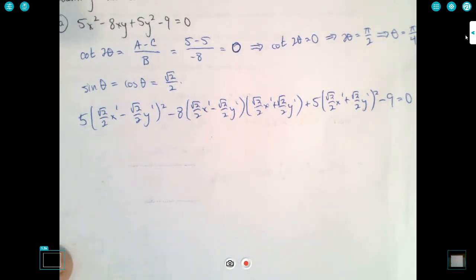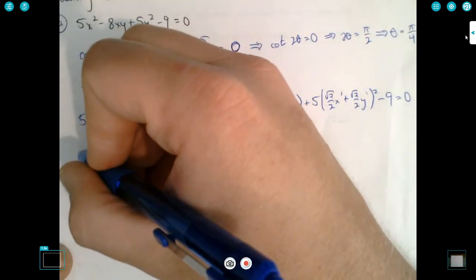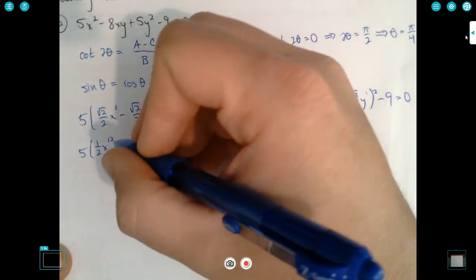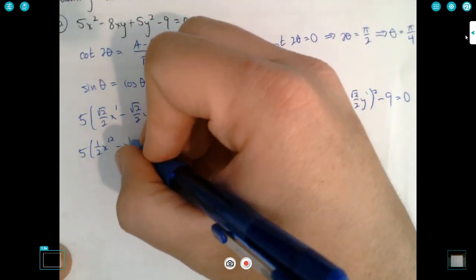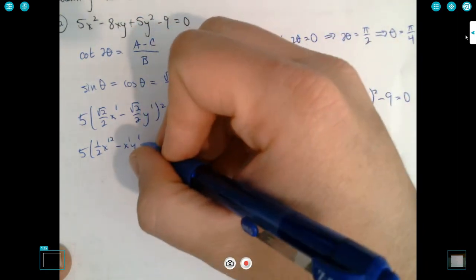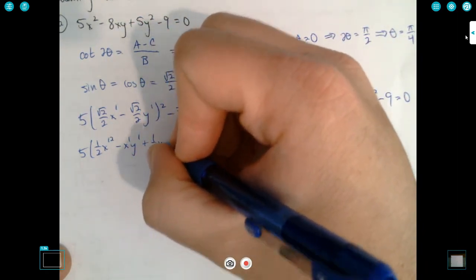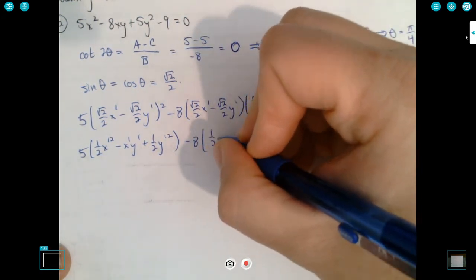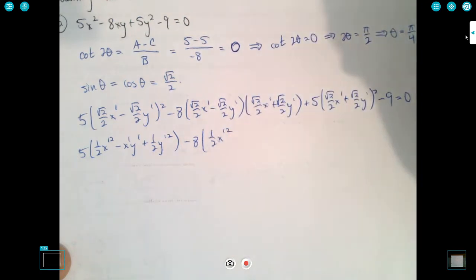So this is going to be 5 times 1/2 x prime squared minus x prime y prime plus 1/2 y prime squared, minus 8 times 1/2 x prime squared.